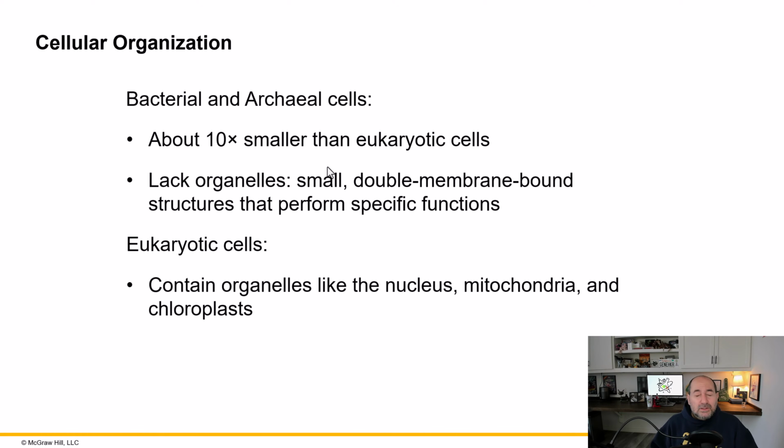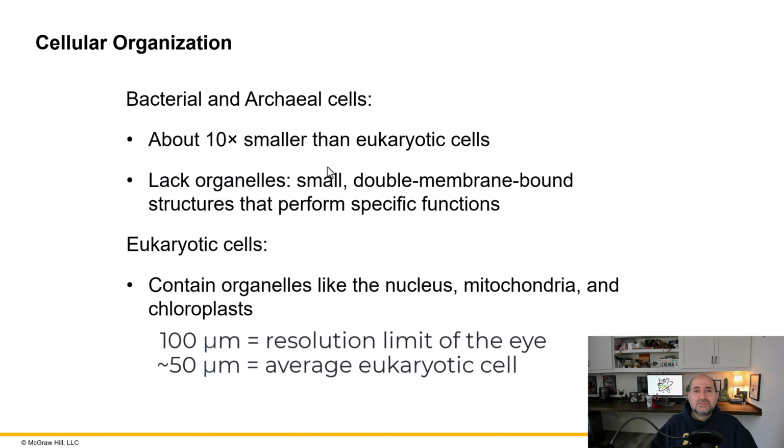If the smallest thing I can see with my eyes is 100 micrometers, well, the average eukaryotic cell is about 50 micrometers across, in diameter. And that means that the average prokaryotic cell, the average bacteria or archaea, is only about 2 to 5 micrometers across.